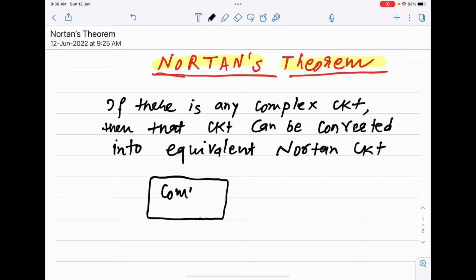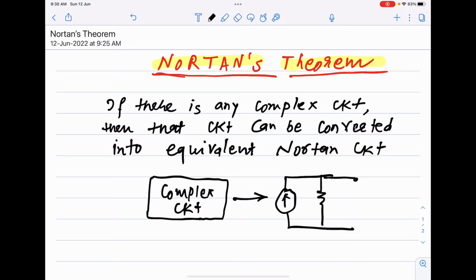For example, suppose we have a complex circuit, then this circuit can be converted into a current source along with a parallel resistance. Such a conversion is possible by making use of Norton's theorem. So any complex circuit can be converted into such a Norton equivalent circuit.